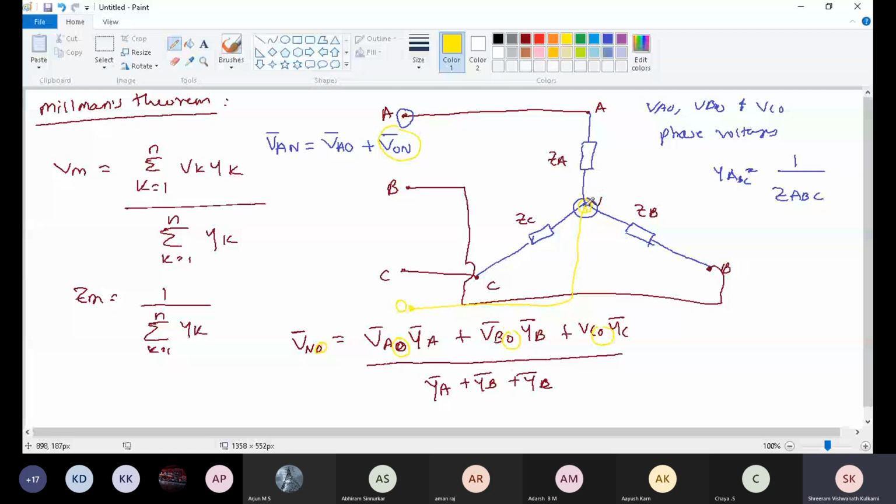If this neutral wire is not connected, there will be a voltage difference between load and supply, so we need to include this VON.